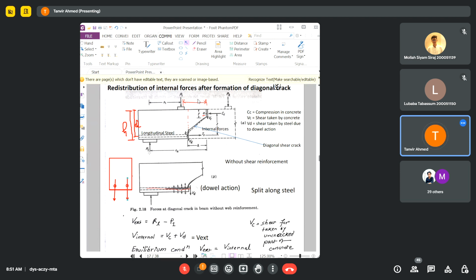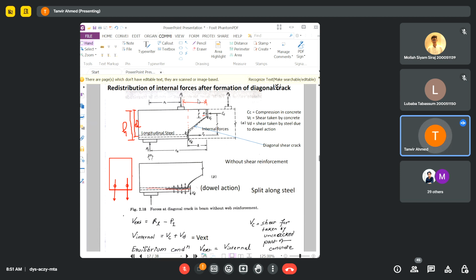Because they act in opposite directions, one is clockwise and the other counterclockwise. So the equation for the external moment will be RL times XA minus P1 times this distance, and this distance is XA minus X1, right? XA minus X1.